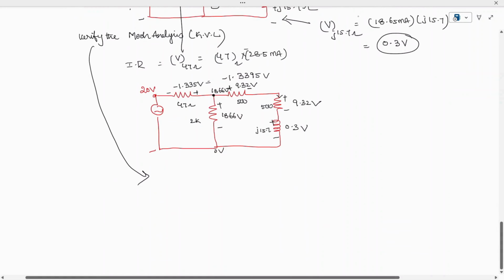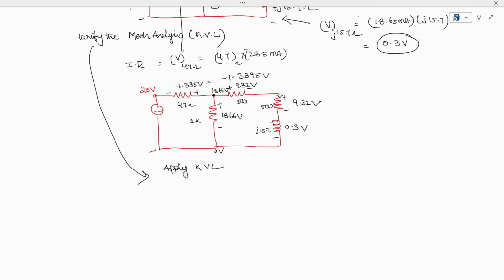We are going to verify it by applying Kirchhoff's voltage law. So current is leaving. What is the leaving polarity of the voltage? Which is nothing but plus 20. So all the polarities are marked. Leaving terminal is plus, and what is the voltage drop? Minus 1.335 volts. And current is leaving, what is the leaving terminal of this voltage?